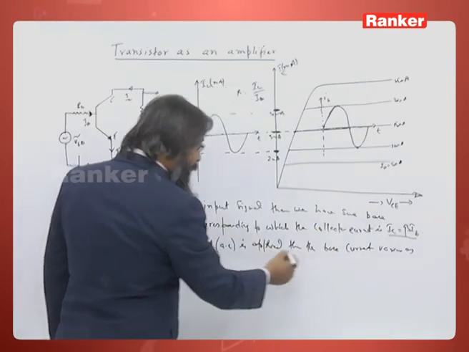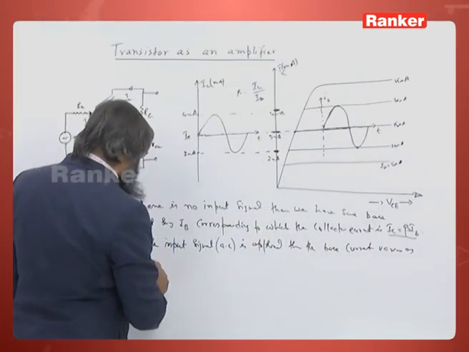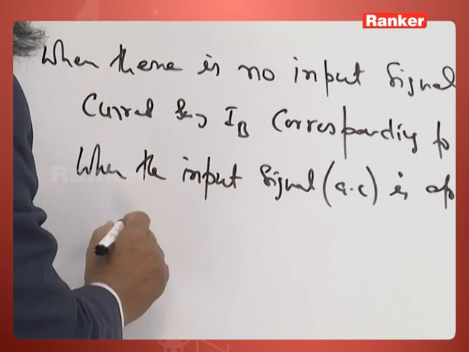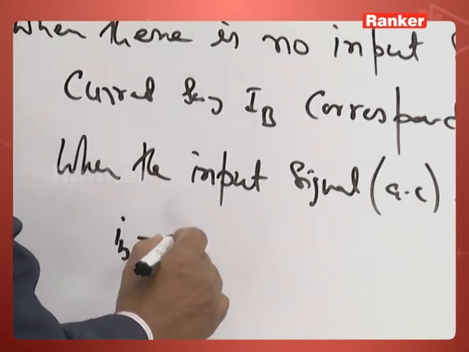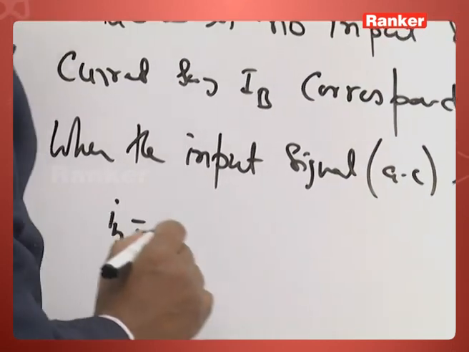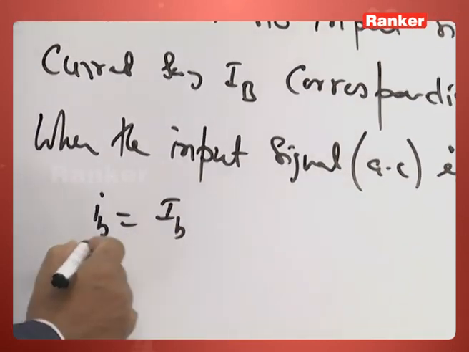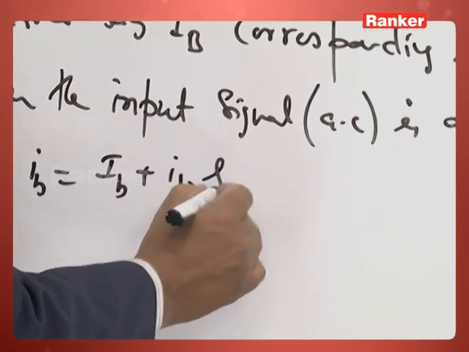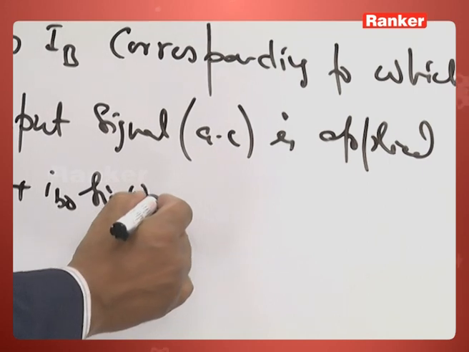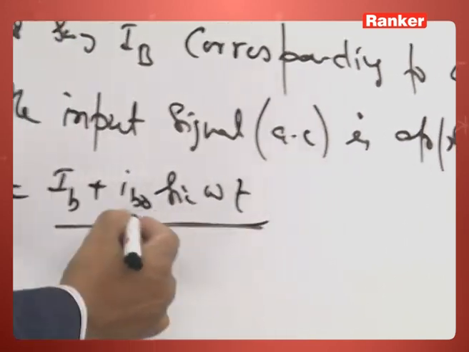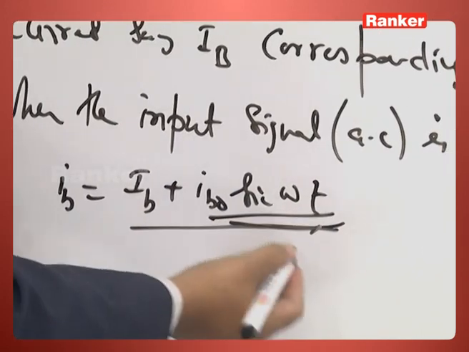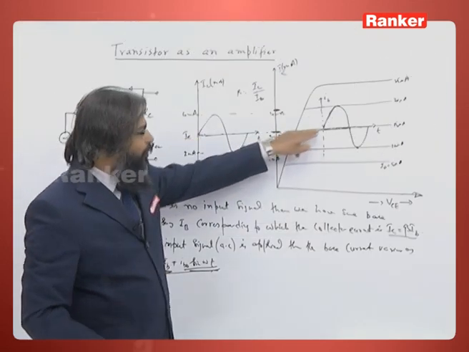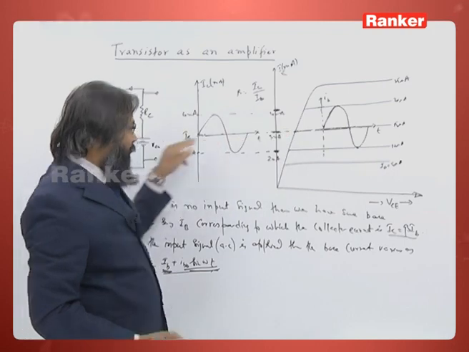The applied base current varies as IB equal to this capital IB, which is constant, plus IB naught sin omega t. That means this AC is added on this DC current. So, this collector current is due to this DC base current.